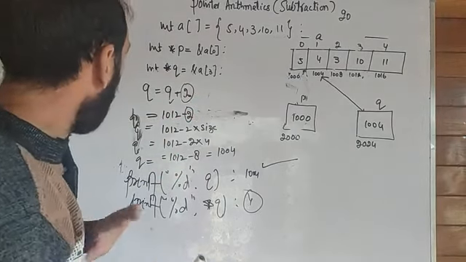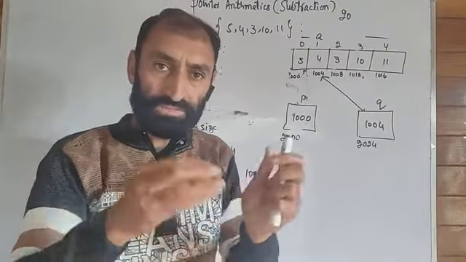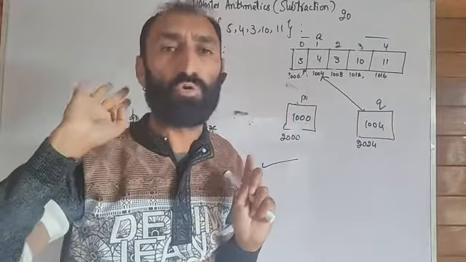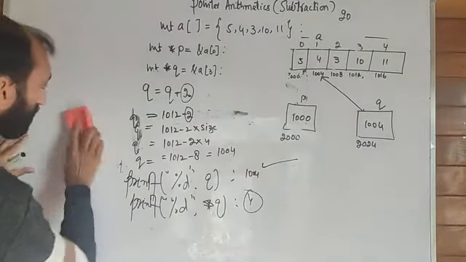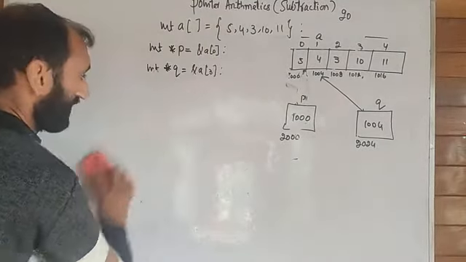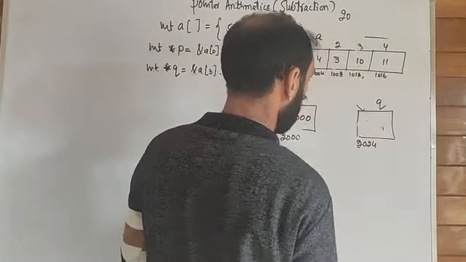Now, how can we perform addition of two pointers? P plus Q is illegal, but P minus Q is legal in C. Let us come back to this.